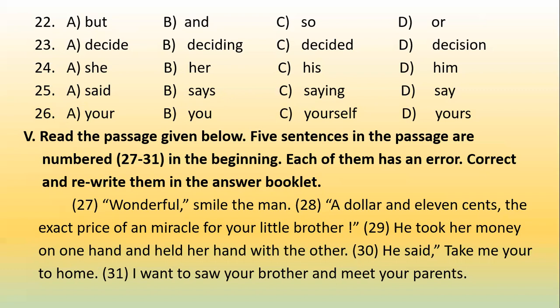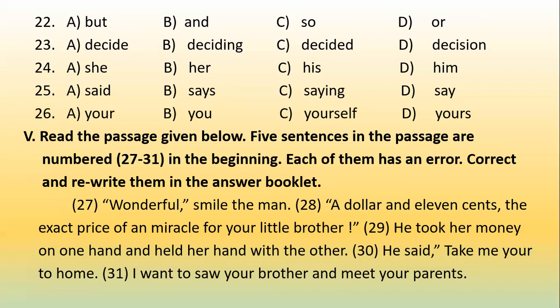Here he said, take me, it's okay. Your were to home. Here the word order is changed. So take me to your home. Now 31. I want to saw your brother and meet your parents. I want to see your parents. See your brother and meet your parents. So the whole you have to write in the answer booklet.